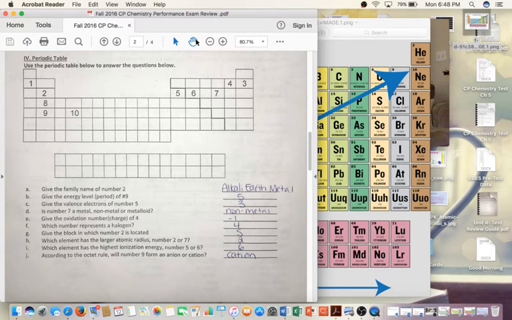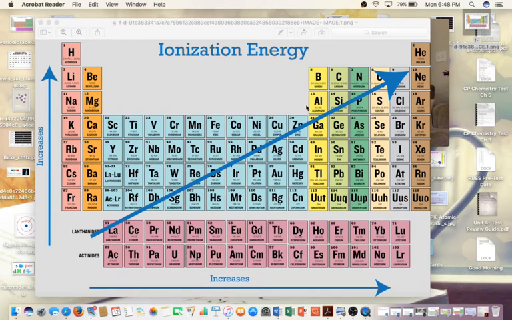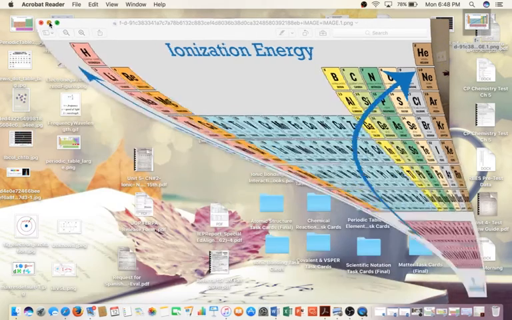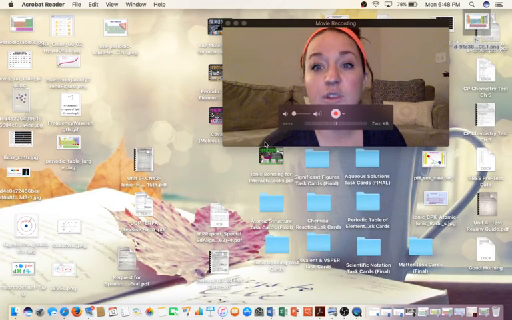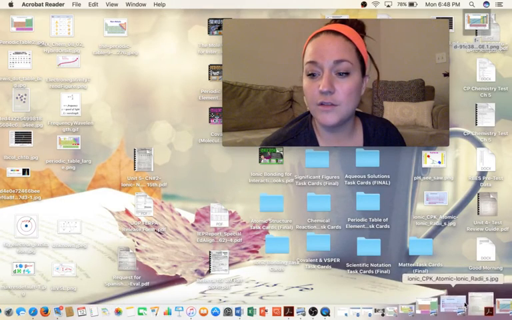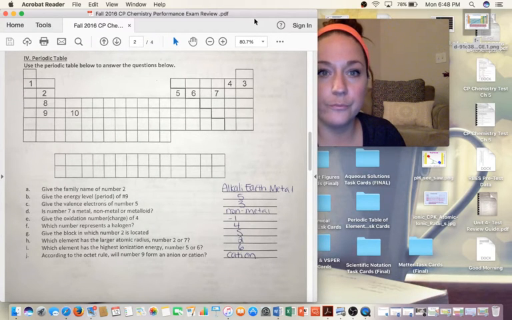As you look at this image, 5 versus 6 is aluminum versus silicon, and silicon is going to be larger than your aluminum. Remember that with ionization, as you go from bottom to top of each column, you increase, and as you go from left to right of your periodic table, it increases. For the record, it is the opposite of your radii. Kind of cool.